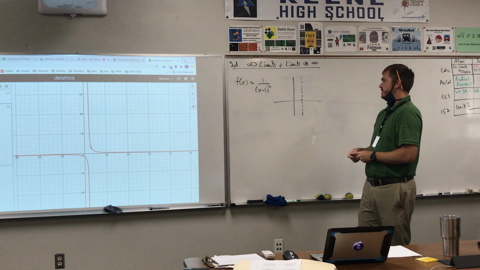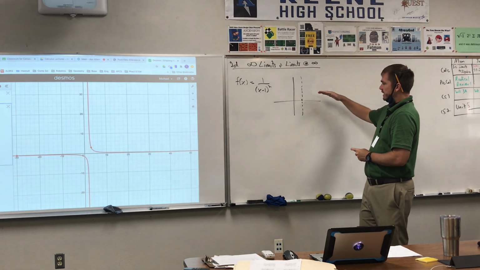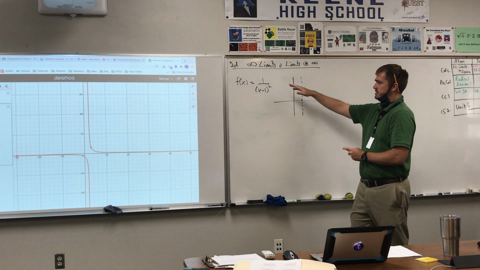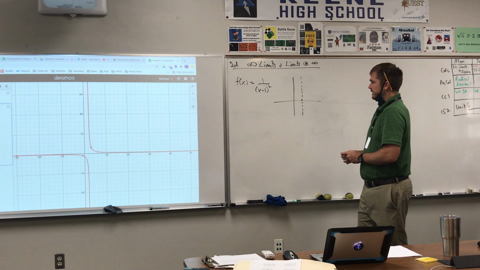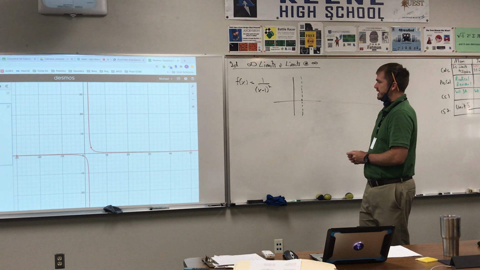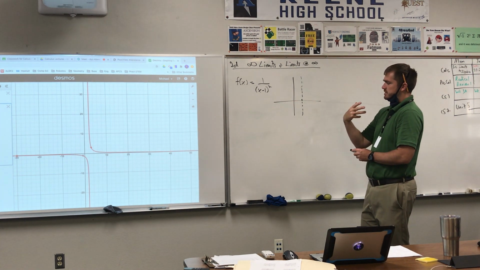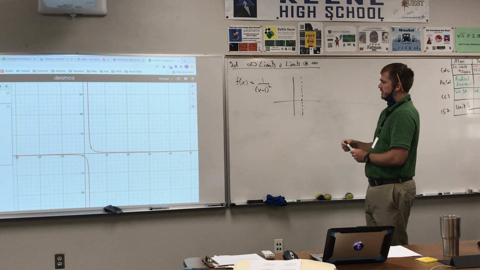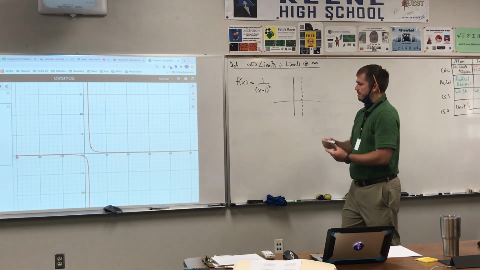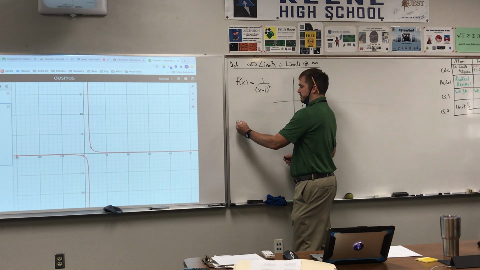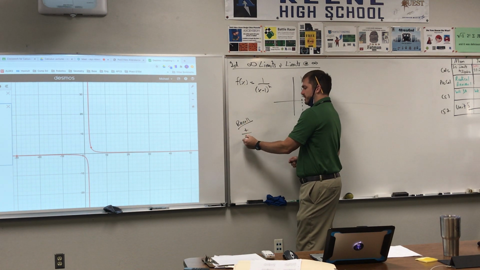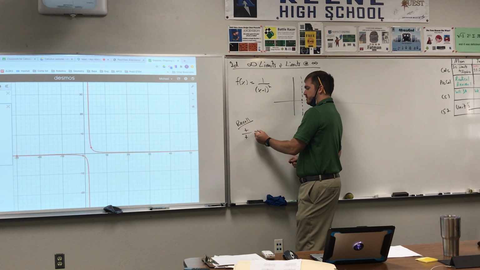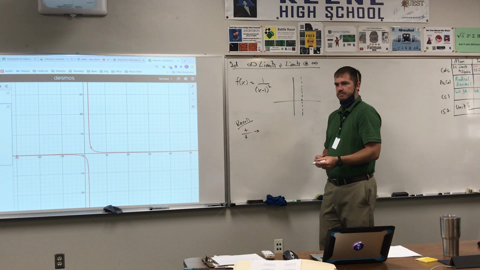Now then, the only question is, what's going to happen with the graph? This is a ratio, so it's a rational function. See if you can think through this process with me. Just as a recall, if you have a positive divided by a positive, what sort of answer is that going to give you?